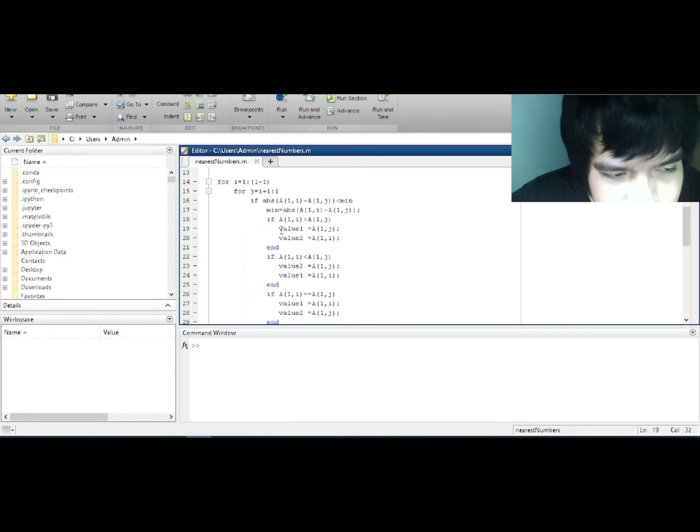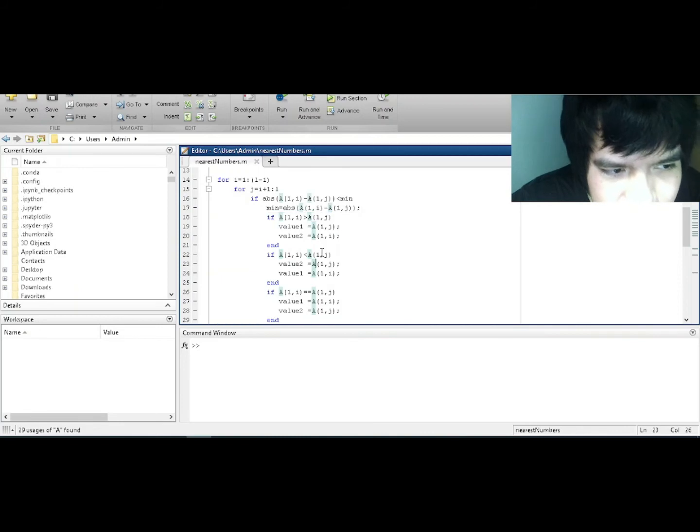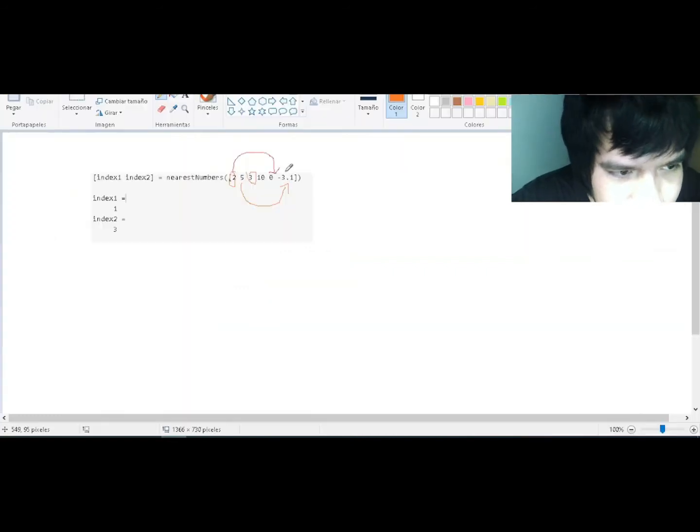And then we make a case by case. In the case the first element is the bigger one, the second element is the bigger one, or if both numbers are the same, that could also happen. Like we have a vector with, I don't know, 2, 5, 8, and 2.